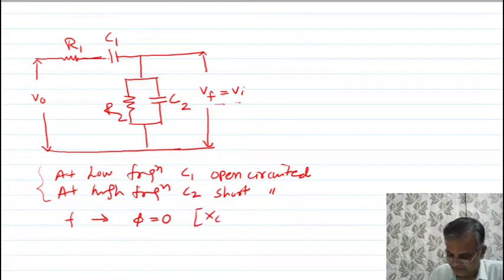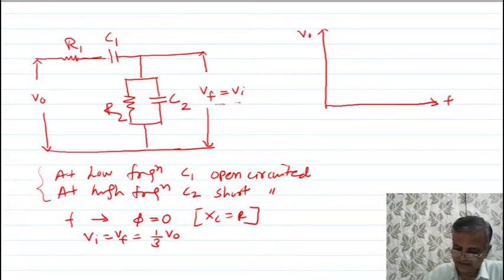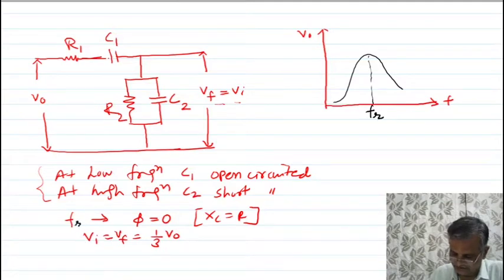At that time your Xc is equal to R, and Vi is nothing but 1/3 of Vo. If I plot the graph of output voltage versus frequency, then I get this kind of graph. At this frequency, let me say F is equal to Fr, you get the maximum output, that is, Vi is 1/3 Vo.